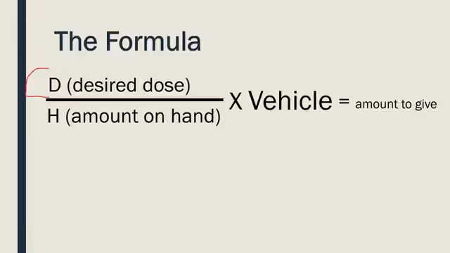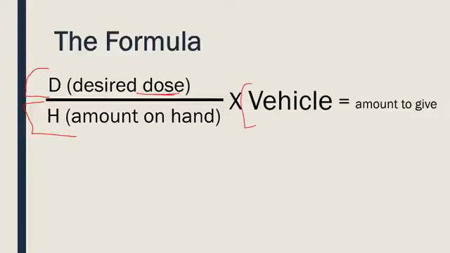So the desired dose is going to be the 250 milligrams, because that's what the patient needs. The on-hand dose is a little bit different. It's what the medication comes in, the actual dose that it comes in. This can be a little bit complicated, but we're going to run through it in the next slides.